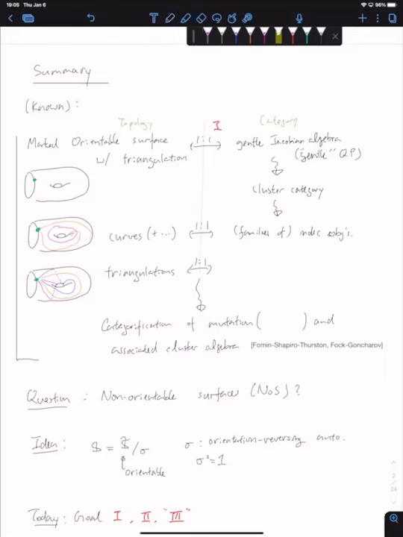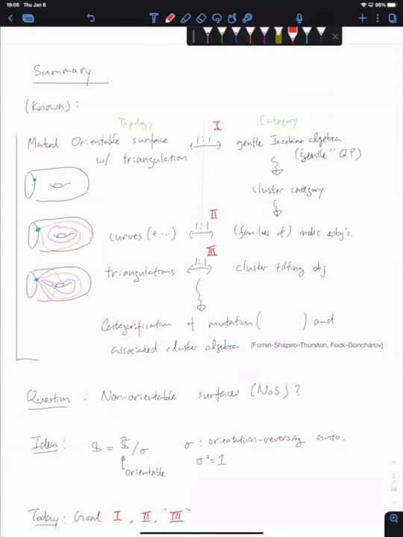Then you want to use this information to get a categorification of the triangulations, and this is done by cluster-tilting objects. Subcategories also work, but anyway. A triangulation is something that looks like this bunch of colored curves. It cuts your surface into triangles. These two correspondences are goals 2 and 3.